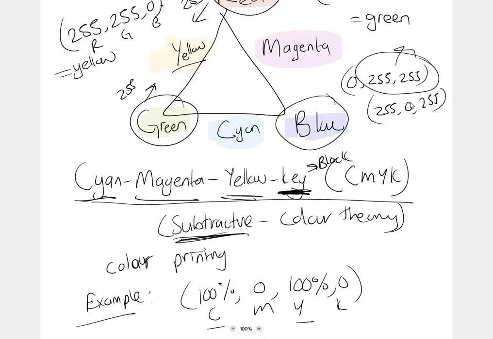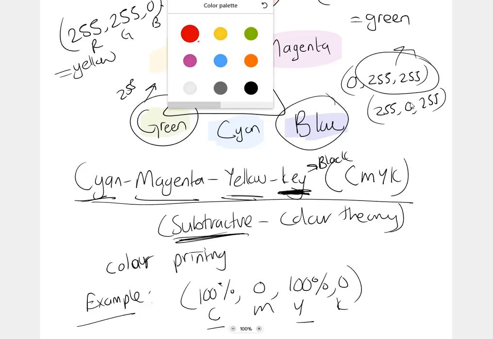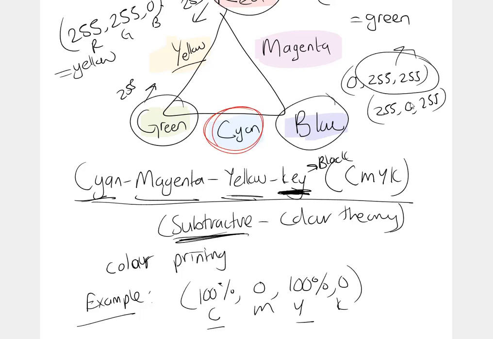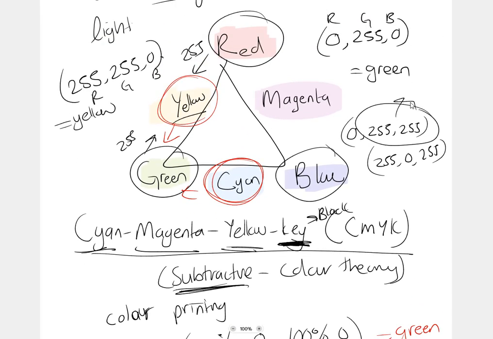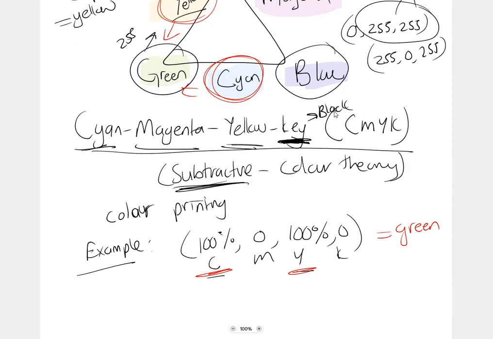I'll use a different color, let me use red. So this cyan here, and then the yellow is here. Together, these two, when put together, give you green. The secondary color is green. I know I'm only showing examples of these six different colors, but in reality, you can get any colors you want.